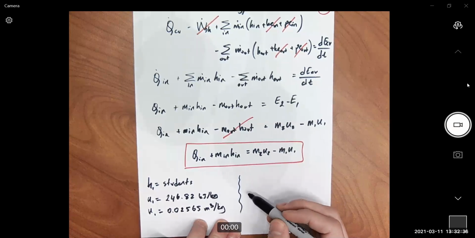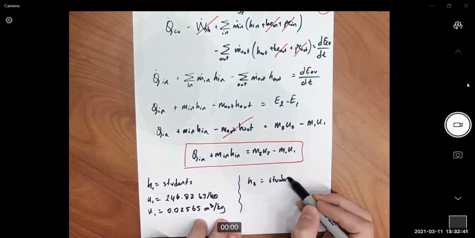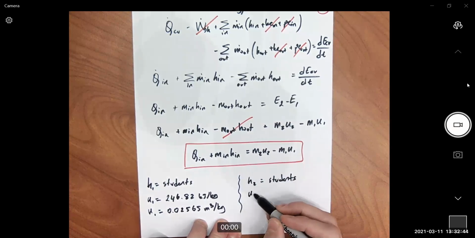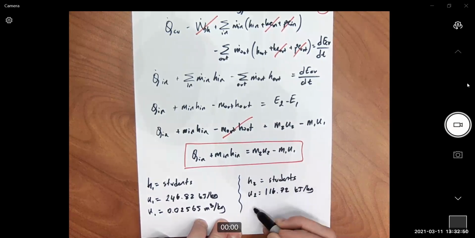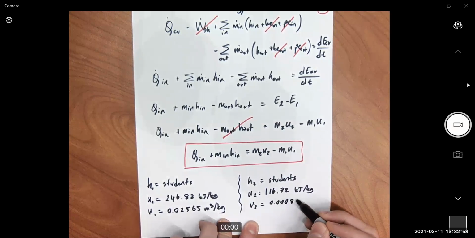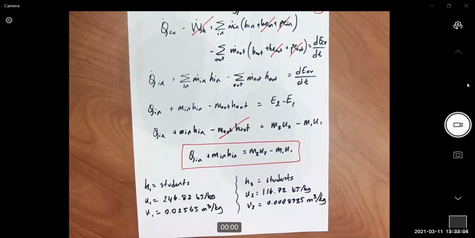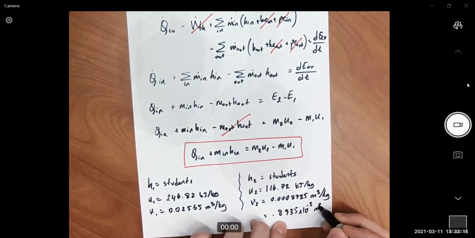H, students, you find this part. U2 is 116.72 kilojoules per kilogram. Specific volume at state 2 is 0.0008935 meters cubed per kilogram, or 0.8935 times 10 to the minus 3 meters cubed per kilogram.